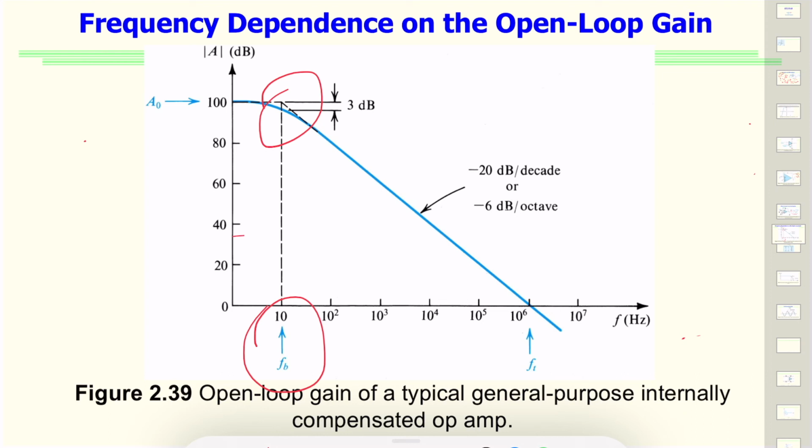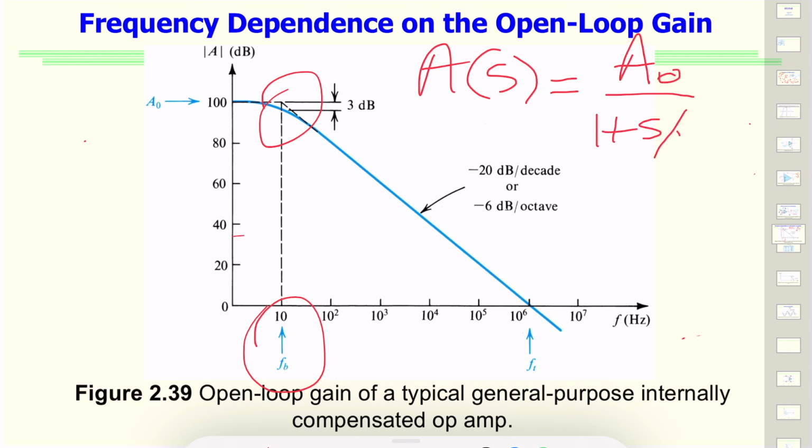Now if we think about the STC circuits that we saw before, the gain of this circuit can be expressed as the gain, as we know, over 1 plus S divided by the break frequency.